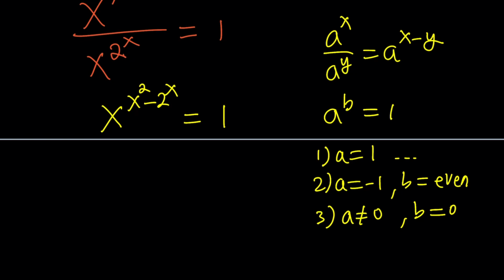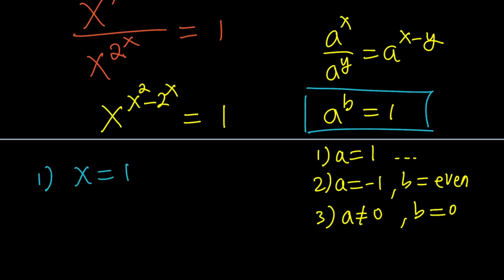All right. First case, we have a equals 1, which is the base, right? So the base is going to be 1, and we don't care about the exponent. First case, x equals 1. That's definitely going to work because when x equals 1, any power of 1 is going to be 1, so that's a valid solution.